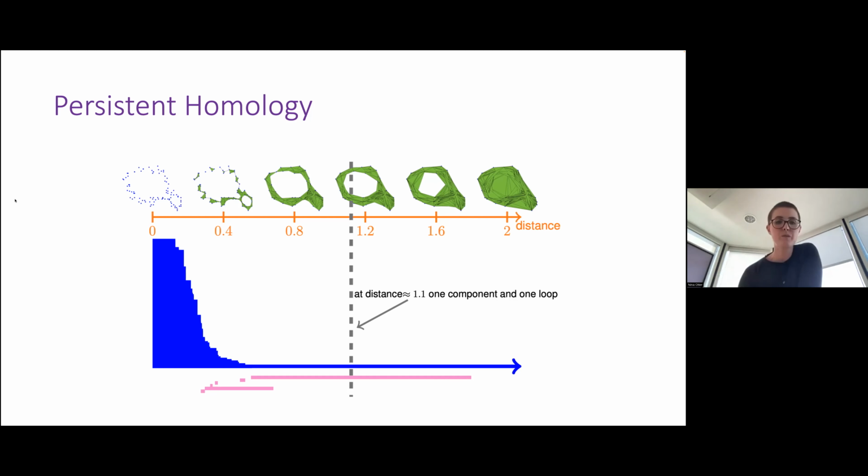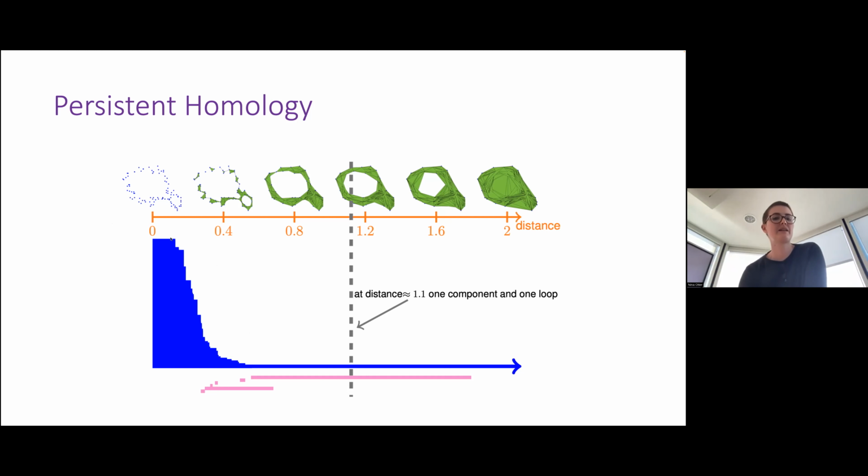One can then summarize the lifetimes using algebraic invariants called barcodes. Here the blue barcode corresponds to the connected components, the clusters. Each interval corresponds to the lifespan of a connected component across this distance parameter.